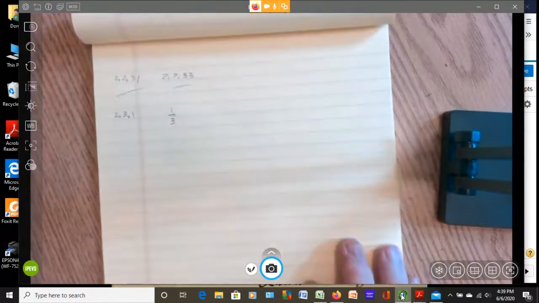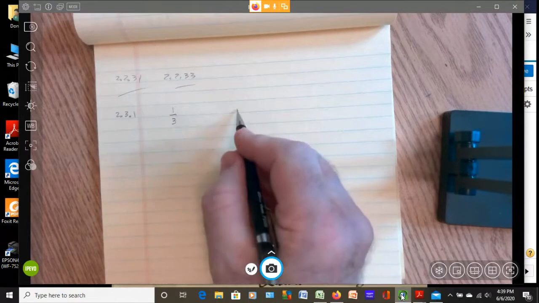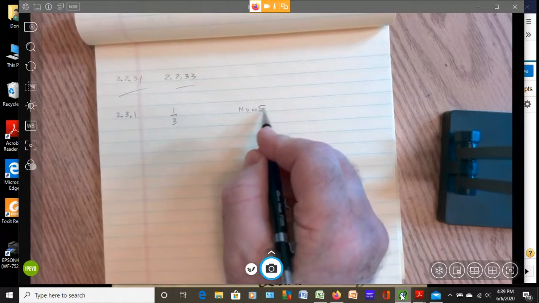understanding the concepts. So remember now that the fraction consists of two values.